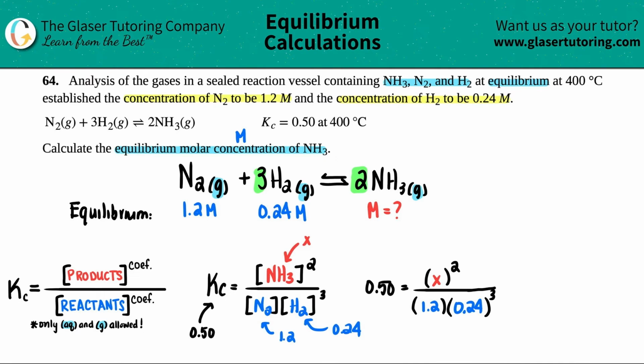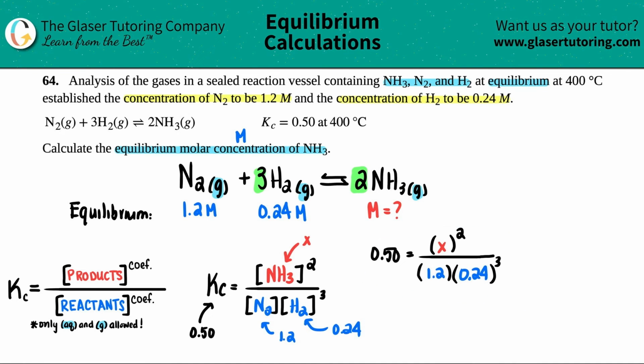So let's see if I can bypass one step. This is basically cross multiplication. So I can basically do 0.5 times 1.2 times 0.24 raised to the third. You could also get this to be one number and then do your cross multiplication. Just for the sake of having a limited amount of space, I'm just going to do this first.